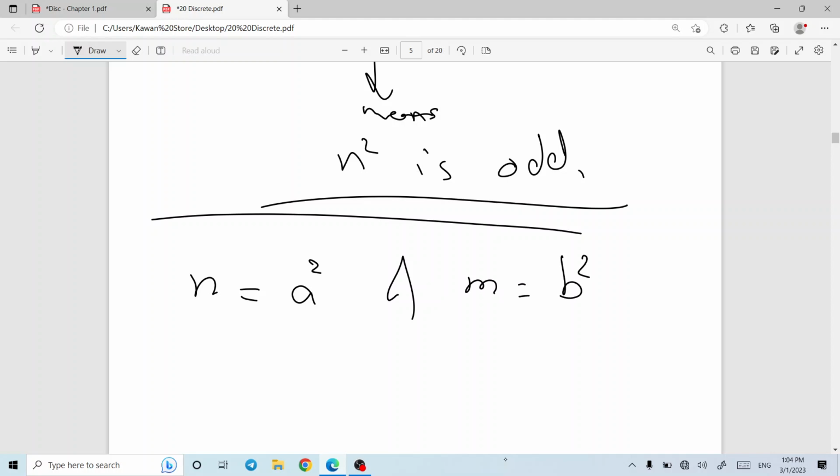So what do we want to show? We want to show mn equal to c squared. Am I right? That's what we need.